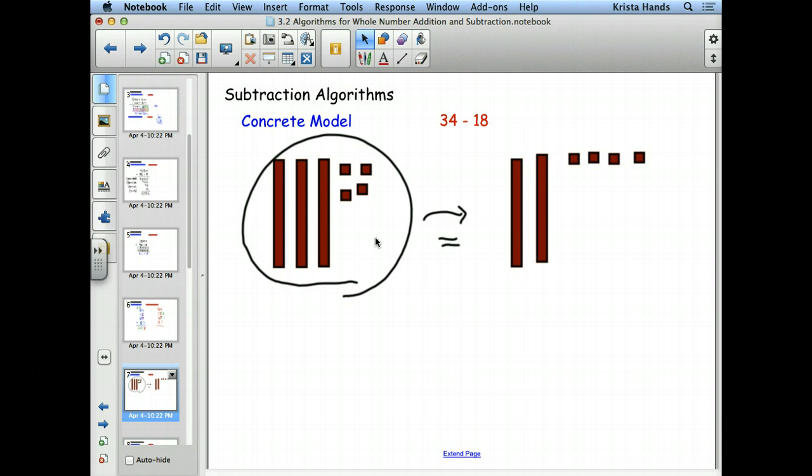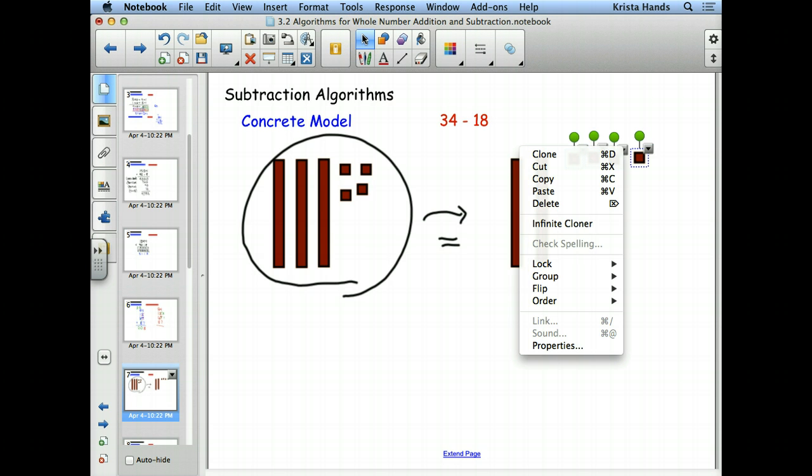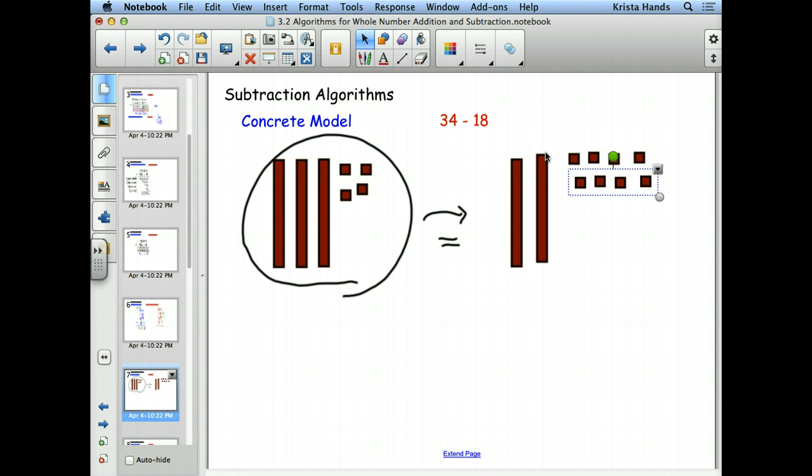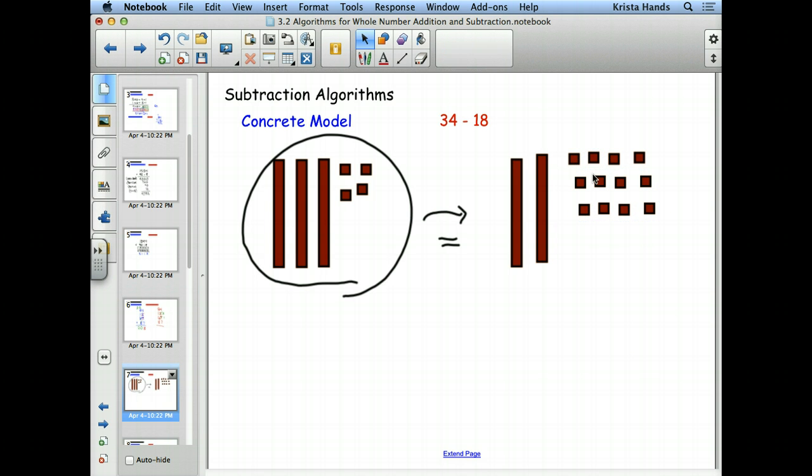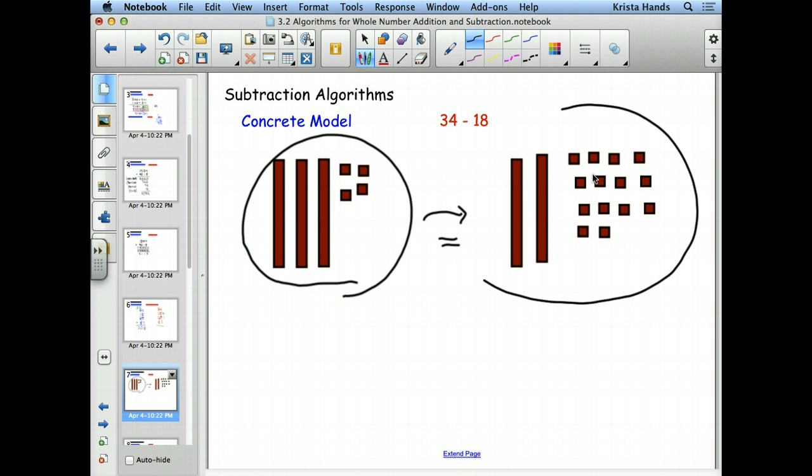All right, so here's what I want. Okay, so I have only regrouped.